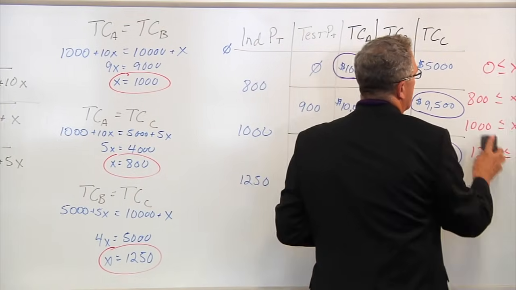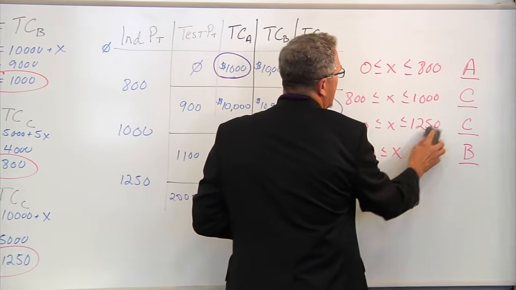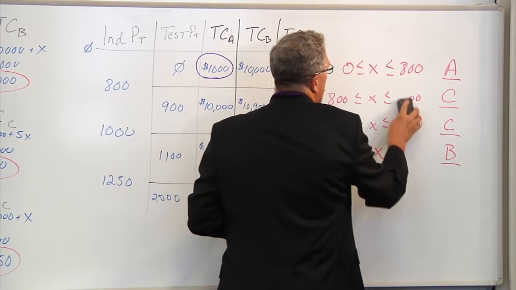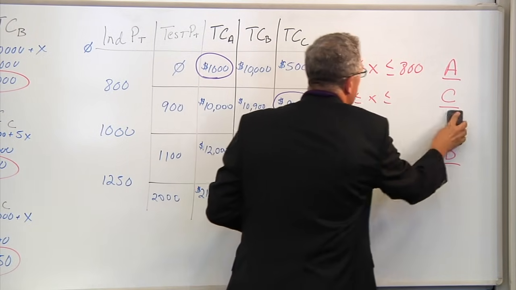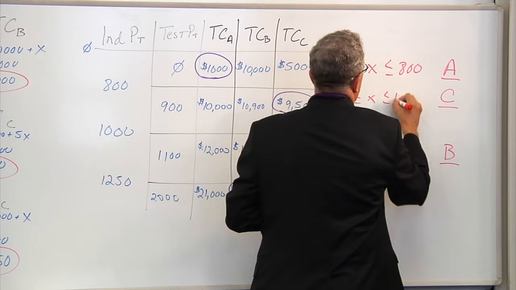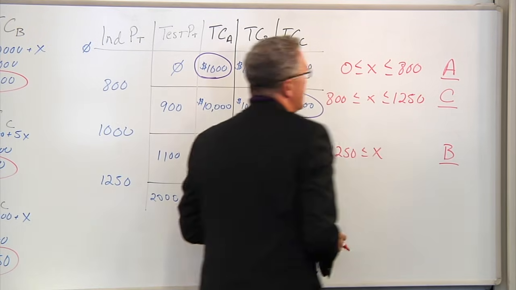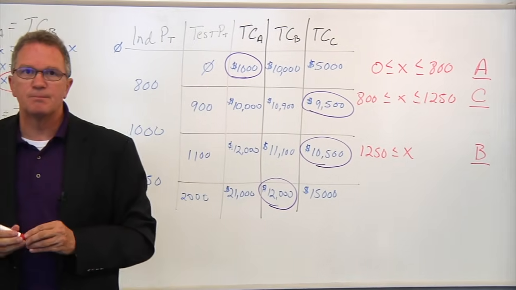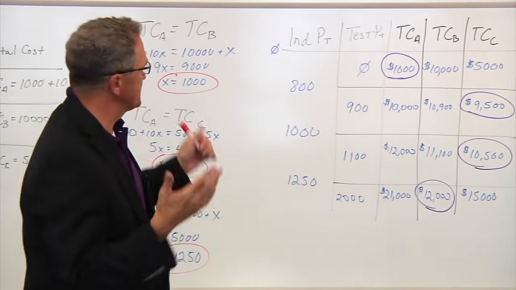I don't need both of these. Between 800 and 1,250, it's always C. So I could just make it 1,250 to 800 is vendor C. We've now built the complete table.